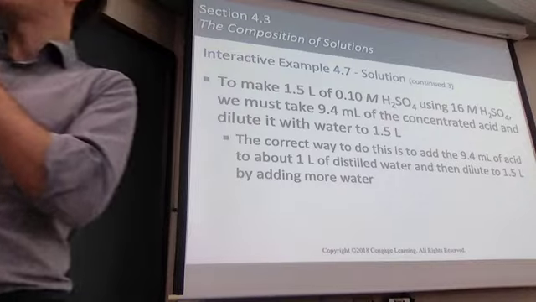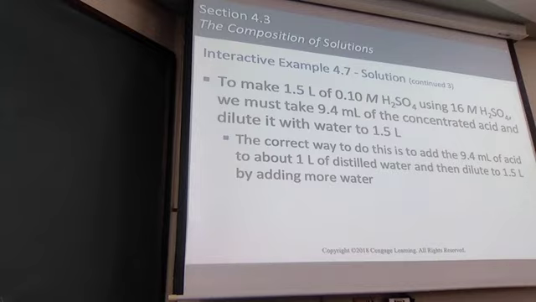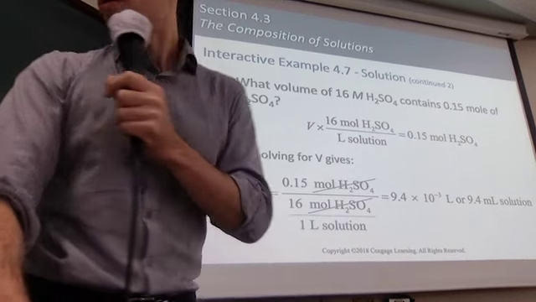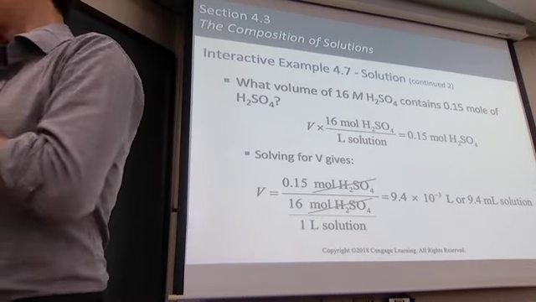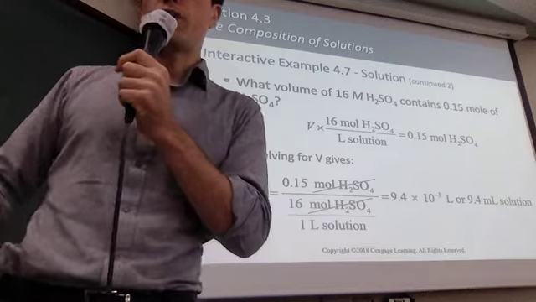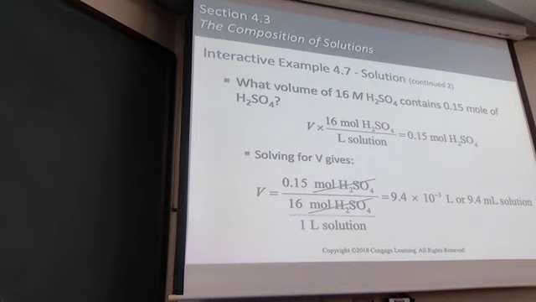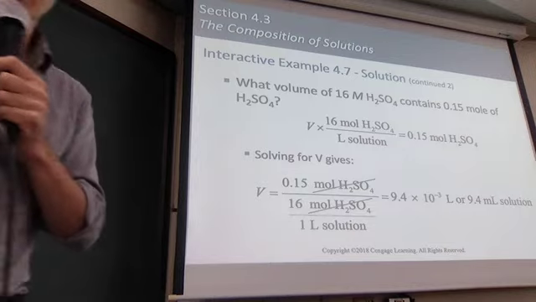So if we want to do this in practice, we would put 9.4 milliliter of that concentrated solution into the flask, and then we would fill it up until the 1.5 liter mark of the flask.